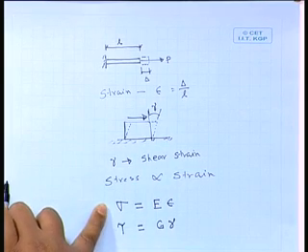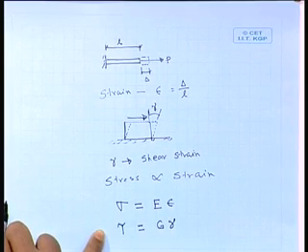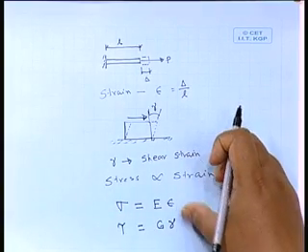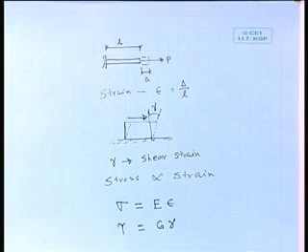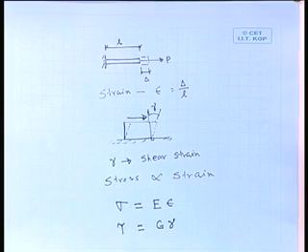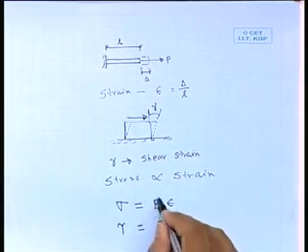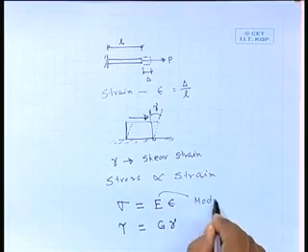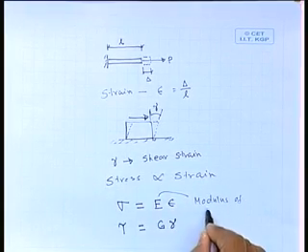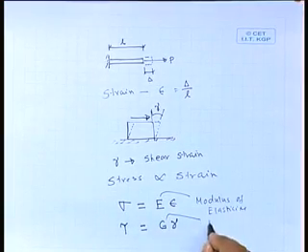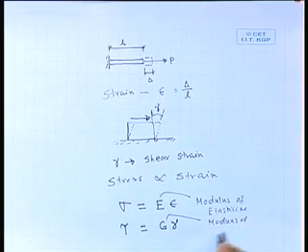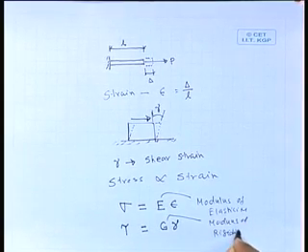So, whether it is sigma or tau, and this side epsilon or gamma, here the constant will be E and G. E is the Young's modulus or modulus of elasticity of the material, and G is your modulus of rigidity.